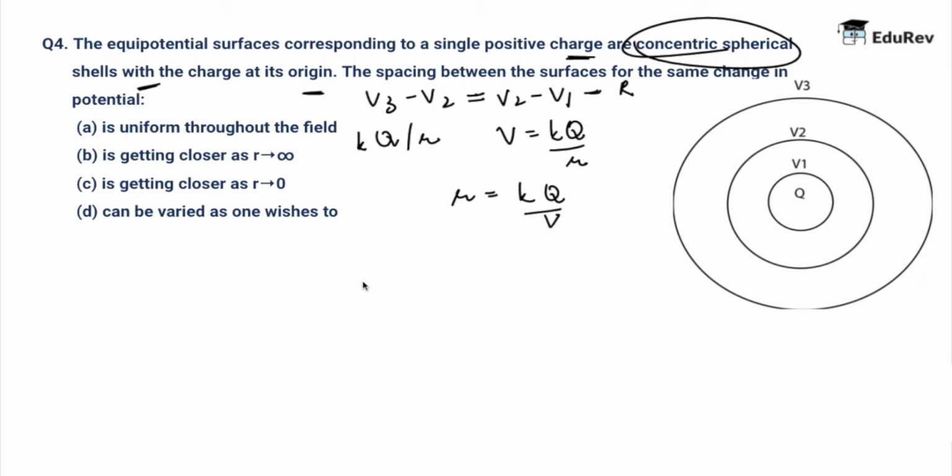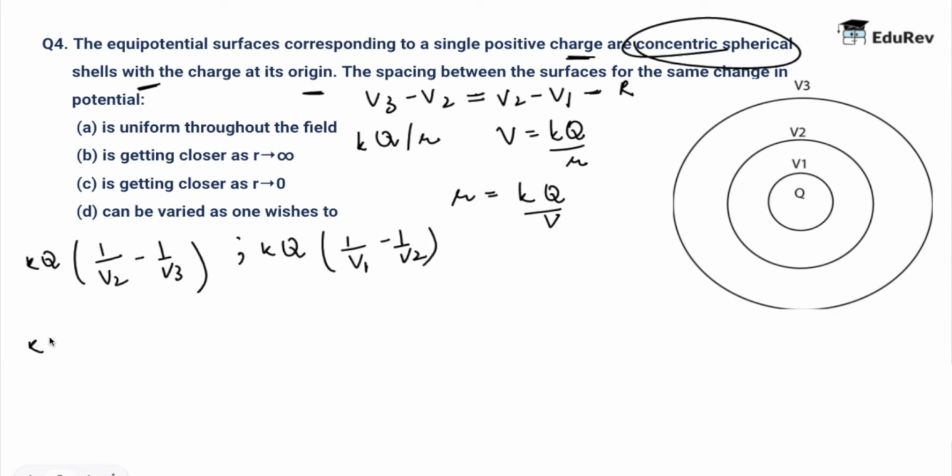So the distance between the equipotential surfaces is going to be KQ into 1 upon V2 minus 1 by V3, and KQ into 1 upon V1 minus 1 by V2. So when I solve, can I write that KQ times V3 minus V2 upon V2 V3, correct?